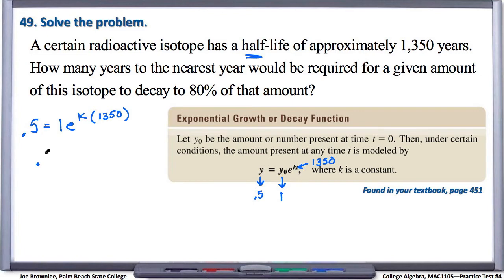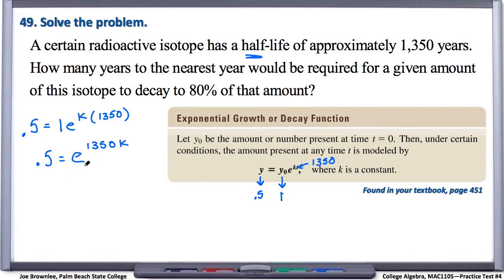We have 0.5 equals, and we can get rid of the 1, since 1 times this quantity is still e to the k times 1350. We'll rewrite this as e to the 1350k.